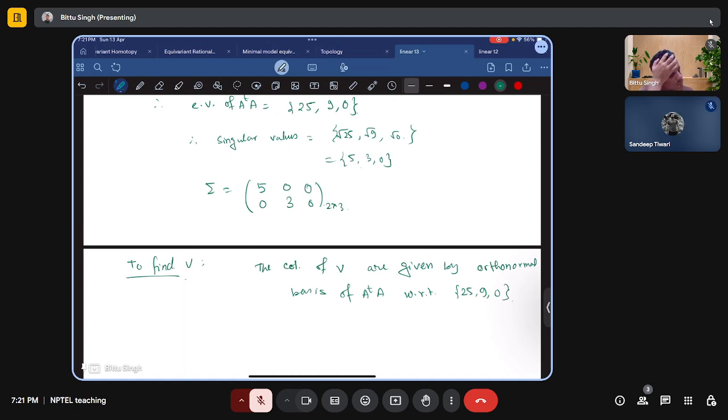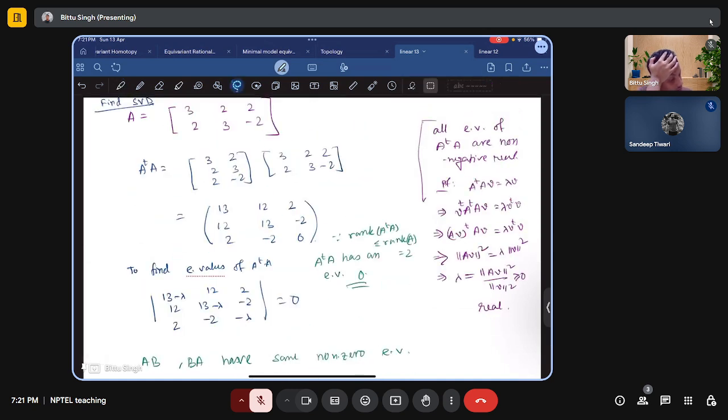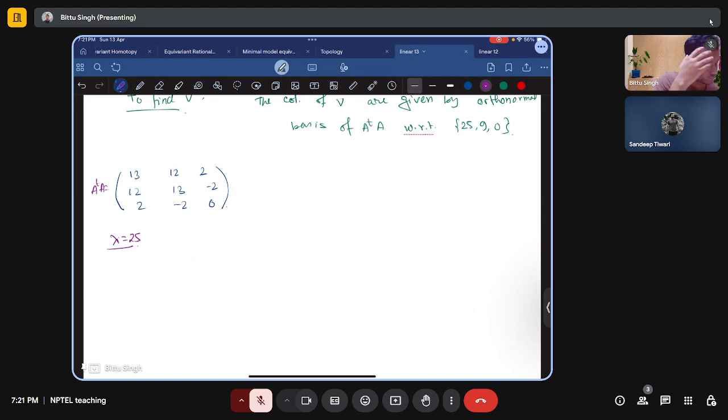So what was A transpose A? Let me copy that. So this was A transpose A. Now let us find the eigenvector when lambda is 25. Can you see the combination which gives 0?